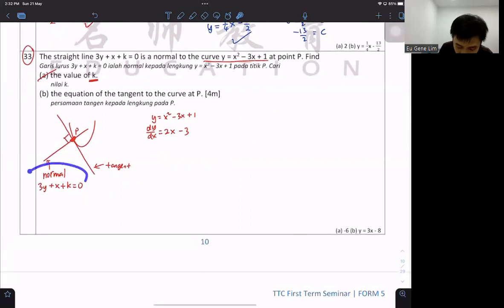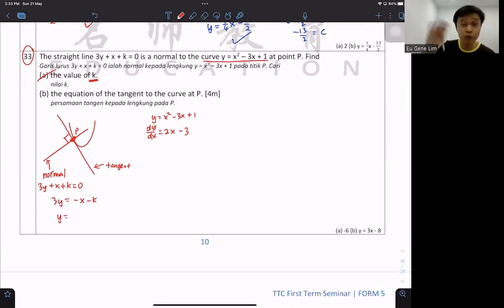Find the normal gradient first, but how to find? Bring over to the other side. x plus k, bring over. So 3y equals negative x minus k. Then this 3 is times, bring over divide. When you divide, no need to do so many things.